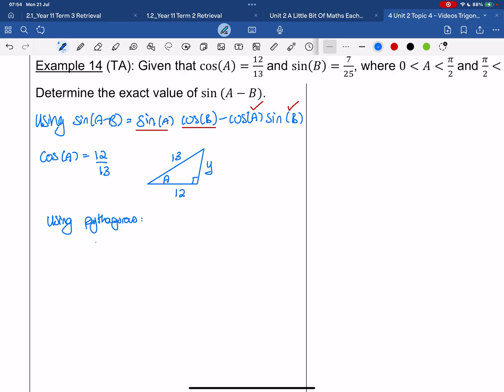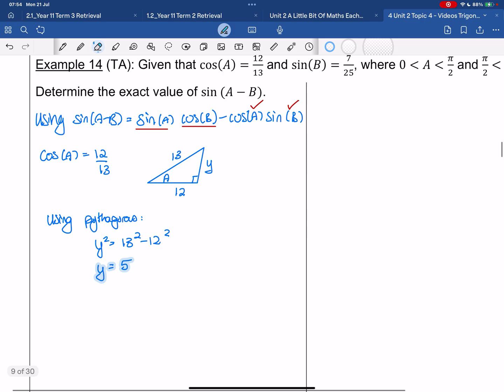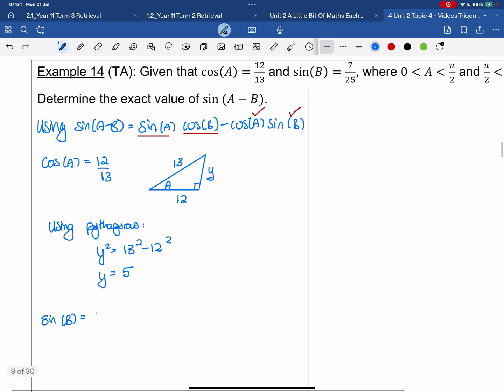So I can say that y squared is going to be 13 squared minus 12 squared, and so y is going to be 5. I could do the same thing with B. I was given sine of B is 7 over 25.